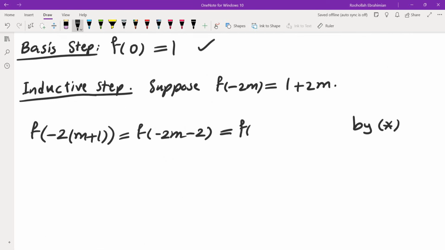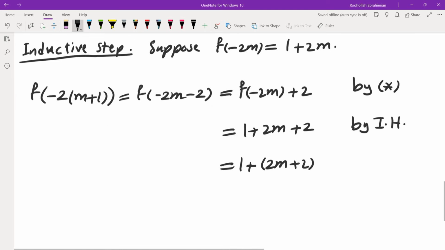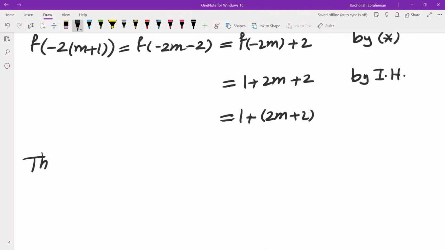So this would be f of negative 2m and then plus 2, which is equal to 1 plus 2m plus 2. This is by inductive hypothesis, which is equal to 1 plus 2m plus 2. So therefore, we showed this equality. Therefore, f of n is equal to 1 minus n for every even integer.